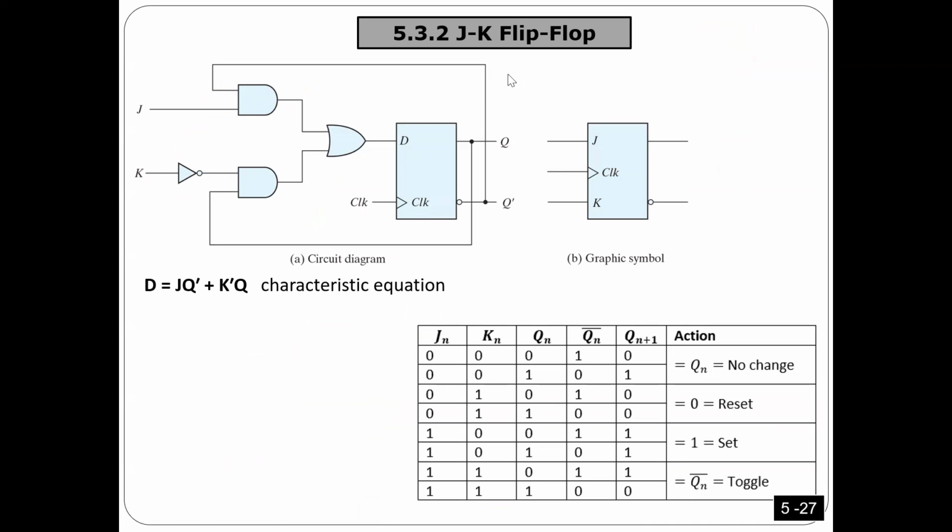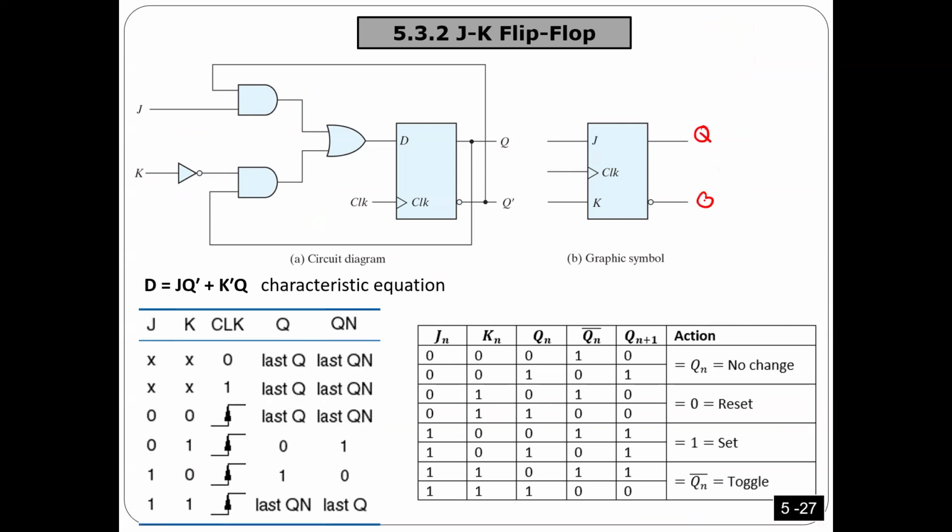So let's see JK flip-flop, okay? This is how it looks. Look here, guys. Number one, we have here Q. We have Q prime. This is as usual. And then you have a clock. I should have a clock because it's a flip-flop. And this clock is rising or falling. There is no bubble, so it's rising.